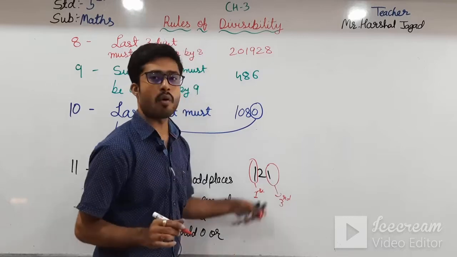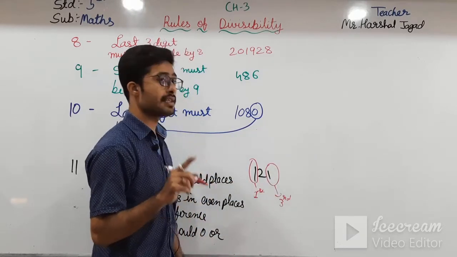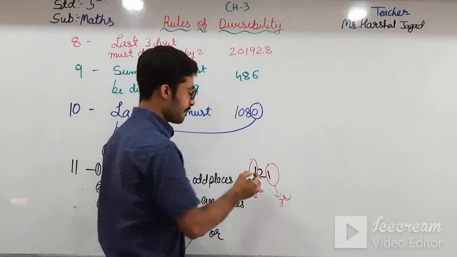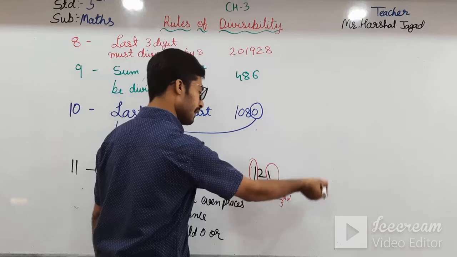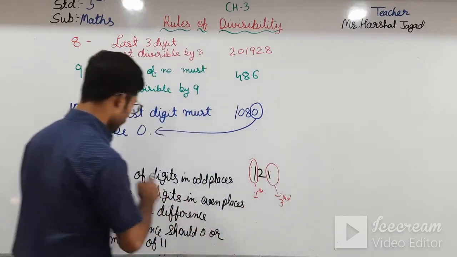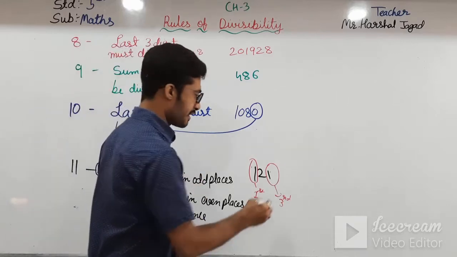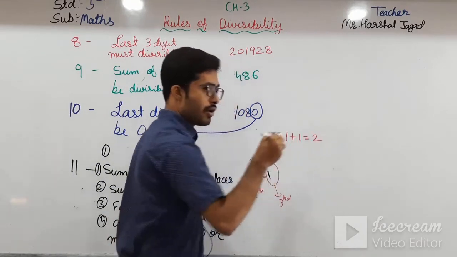So these are odd places, not odd numbers. What you have to see is odd places. So the sum of the digits in odd places is 1 plus 1 is equal to 2.